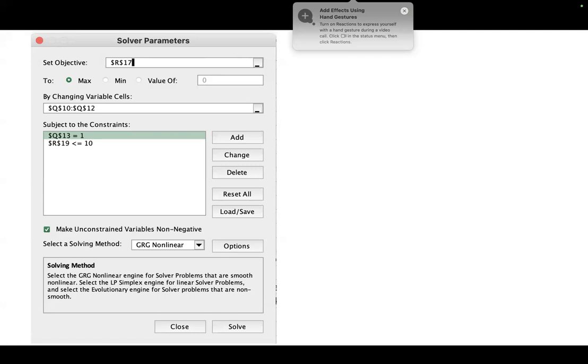And then by changing what variables? Variables W1, W2, W3. And then you need some conditions, the constraints that you have. First of all, one condition is that the sum of all the weights must be one, because you spend 30% on this, 20% on this, 50% on that. They add up to 100%.